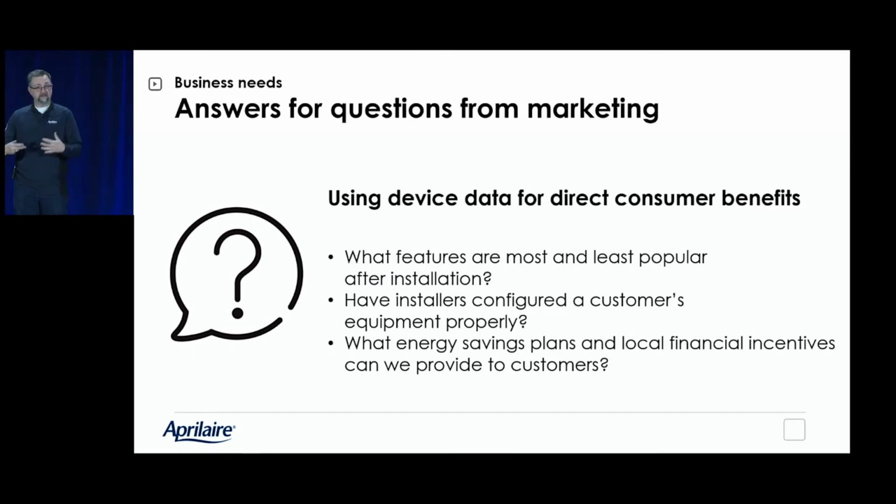We don't install our products. We rely on building contractors to do that for us, and we need them to make sure that they do a good job at that. Very, very oftentimes they do, but if something is wrong, we want to be able to detect that and fix it for the customer. What energy savings plans might be available based on someone's region, seeing how energy usage is being used in their home, and can we offer more value to our customers by potentially saying, we see that you are now saving energy.